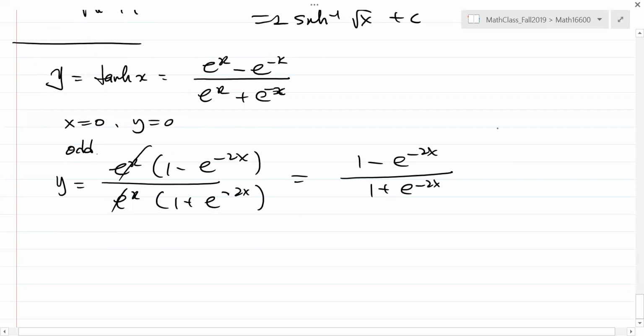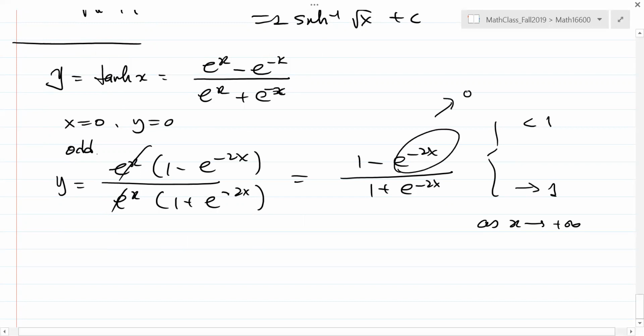So this approaches 1 as x approaches positive infinity, because in the numerator and denominator e to the negative 2x approaches 0. So that's why the quotient approaches 1.